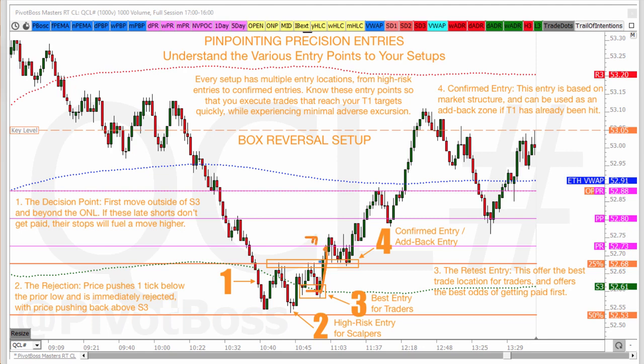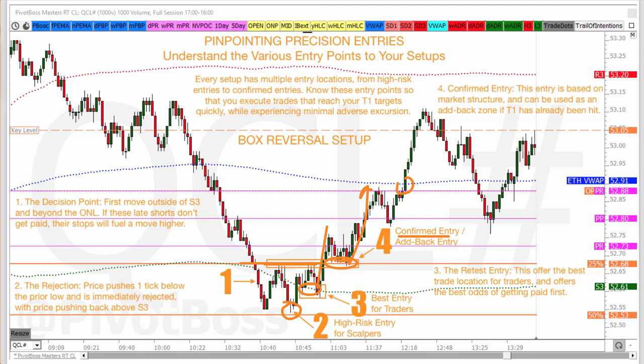And if you get to the T1 there, now you have additional options and flexibility, because now entry number 4 is the confirmed entry. I know some folks are scared about trading here, they're nervous about trading here, but once price pushes above resistance, it makes for a better, more confirmed entry, as bulls are going to look to keep prices above this market structure and drive it back to value.